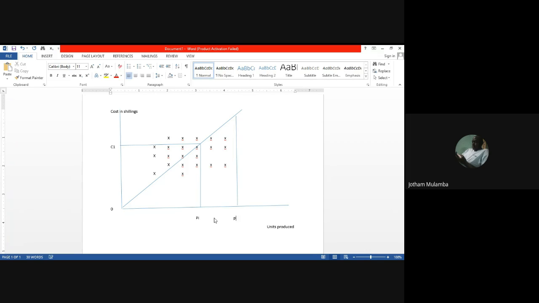At P2, our level of output, we can draw a straight line to have cost 2. So that's how we use the visual fit or scatter graph. This is basically statistics. We can use statistics to estimate our cost of production.